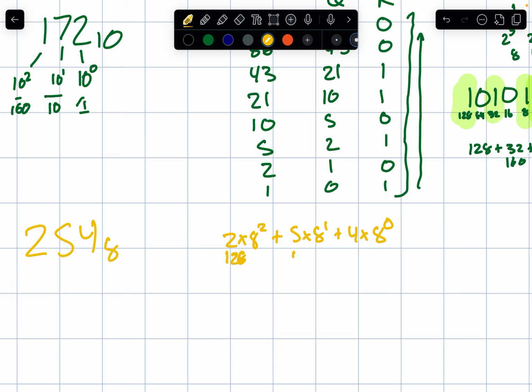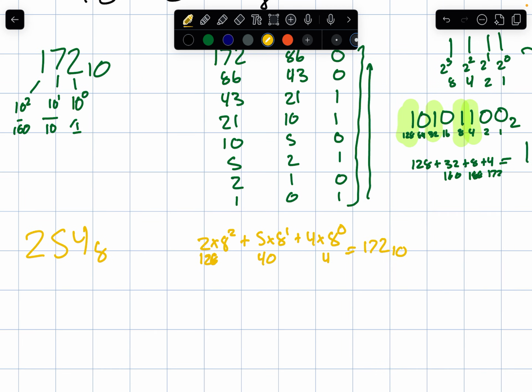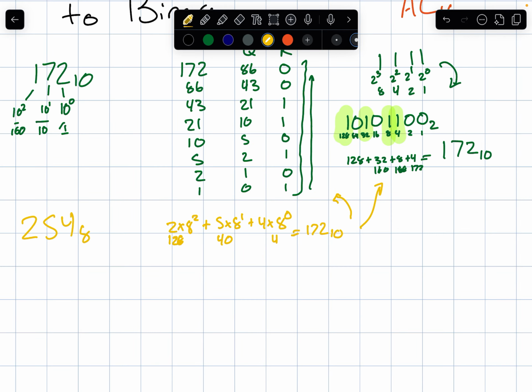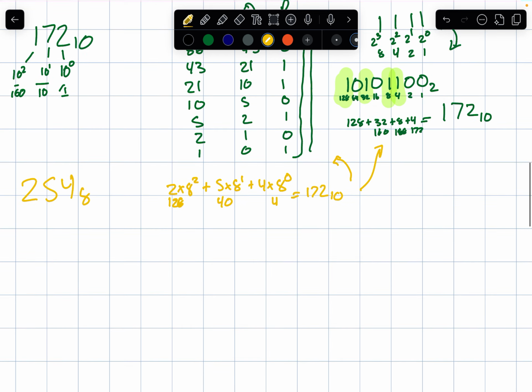That would be 40. And that would be 4, which would be 172 base 10. And then from there, we'd have to go through this process again, and eventually we get that output. However, that takes a little extra time. Like I said, it's more math, which will likely lead to more errors.